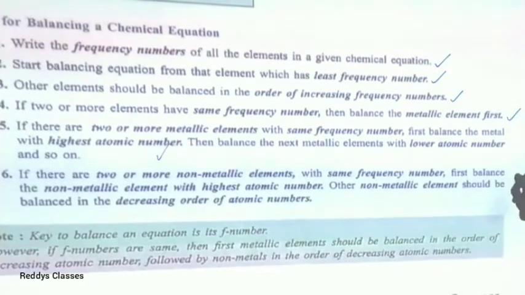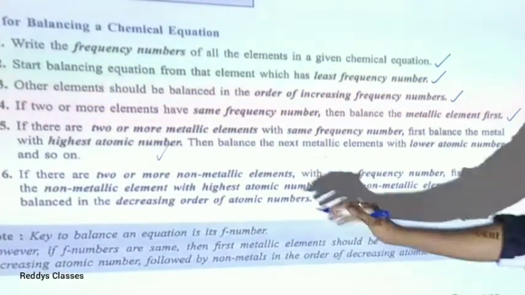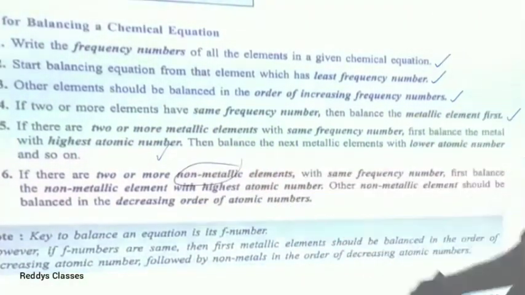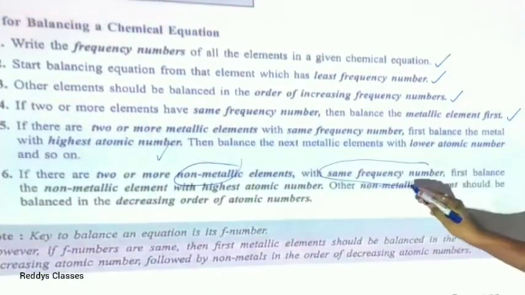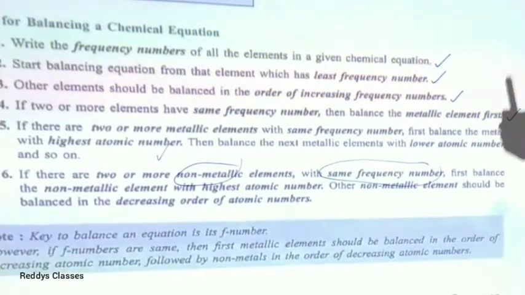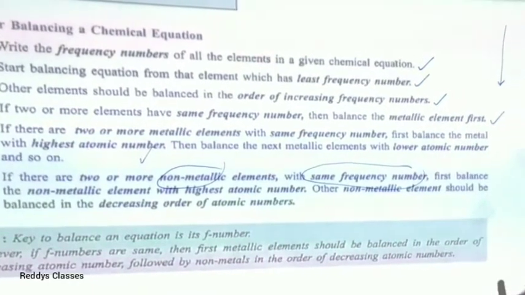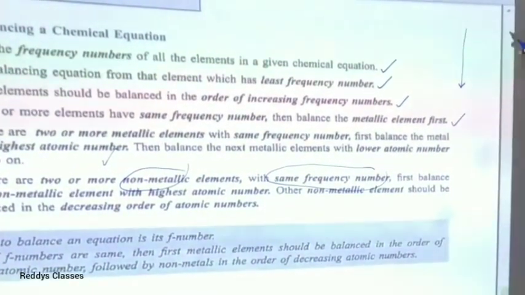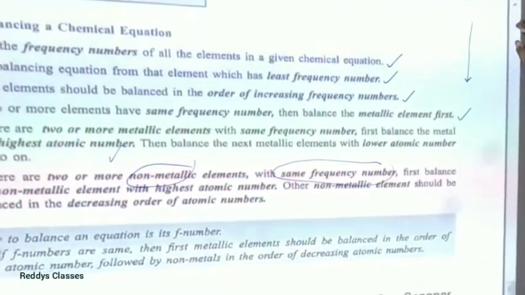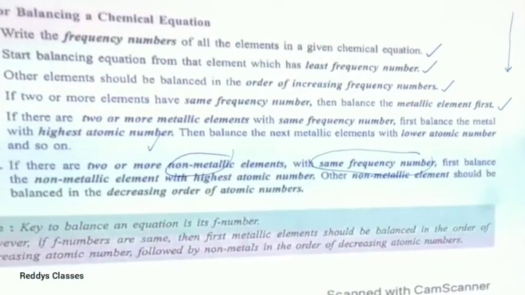If there are two or more non-metallic elements with the same frequency number, then first balance the non-metallic element with the highest atomic number. Other non-metallic elements should be balanced in the decreasing order of the atomic number. Make sure while balancing non-metallic elements, they are balanced in the decreasing order of the atomic number.